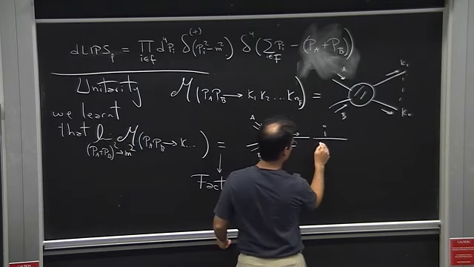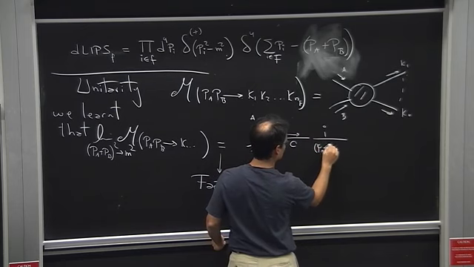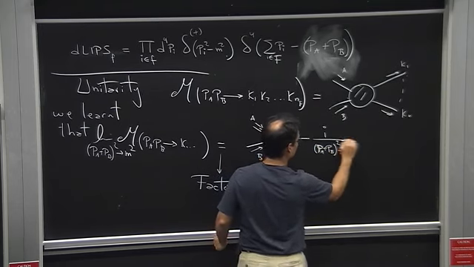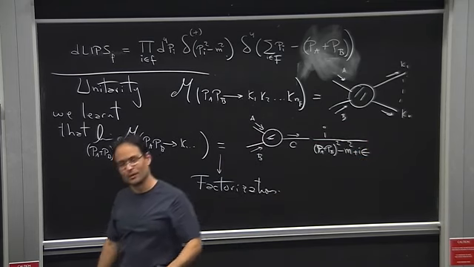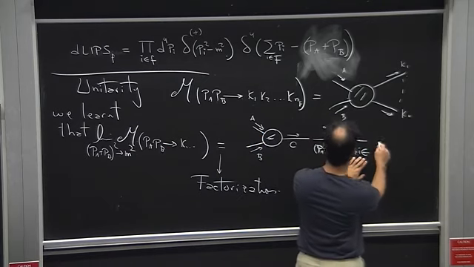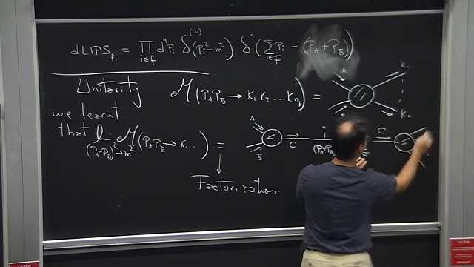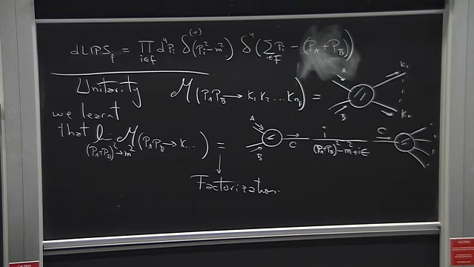It will have a pole located at something that looks like this. And the i epsilon, we even derived it, if you remember. So we're very precise. And C going here and producing the final states. So we derived this formula.